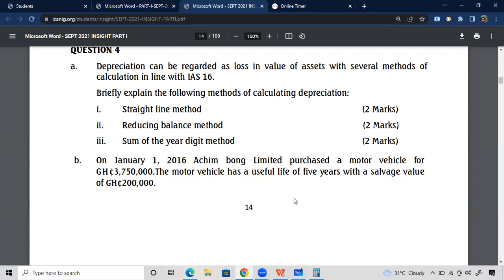110,000, sir. 110,000. Okay. Any contrary opinion to that? Is there anybody that is getting a different figure apart from 110,000? Okay, thank you so much. Is there anybody having any different answer apart from that?